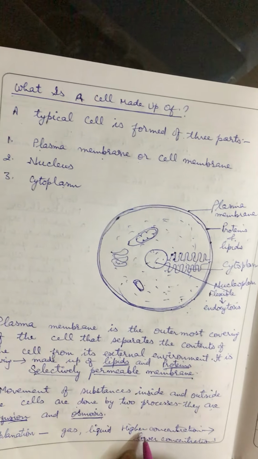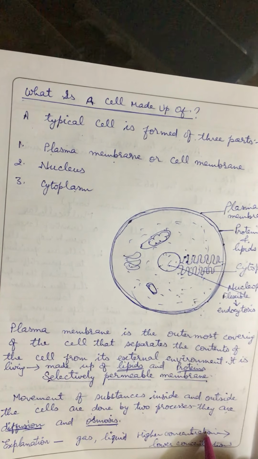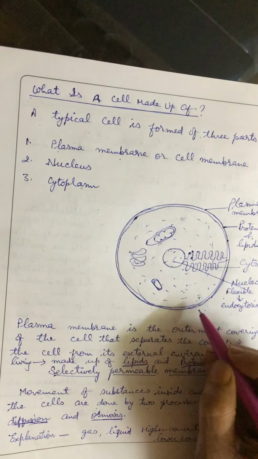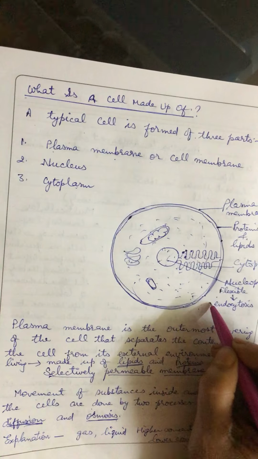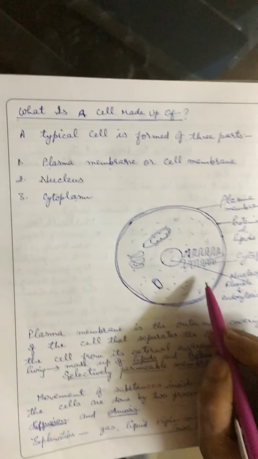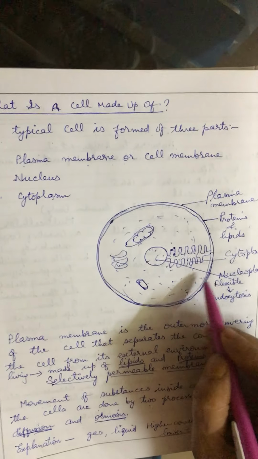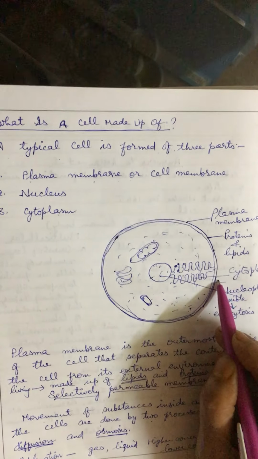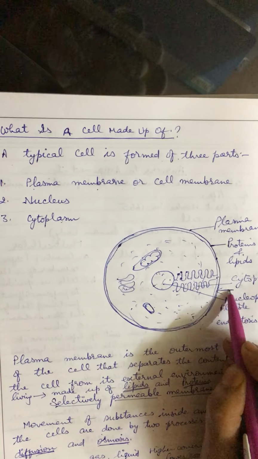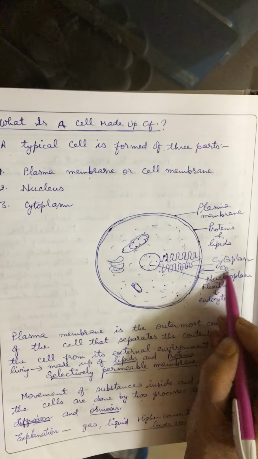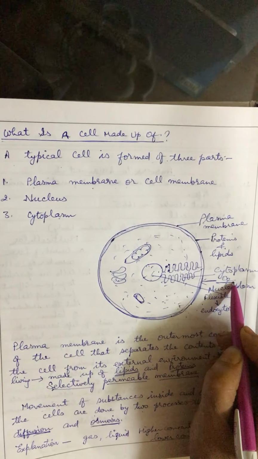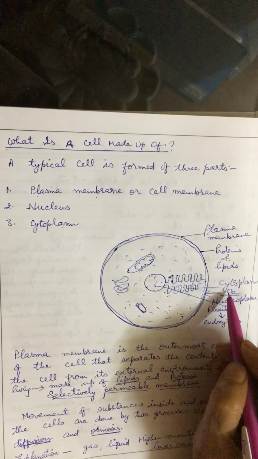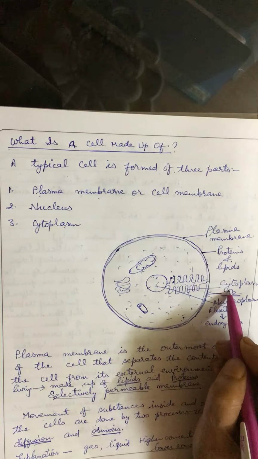You can understand this by the example of gases which can enter inside the cell or leave the cell. When oxygen enters inside the cell, the concentration of oxygen is more outside the cell, and it moves from a region of higher concentration to the region of low concentration.